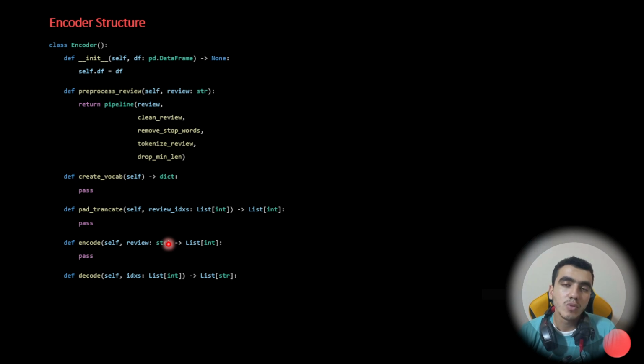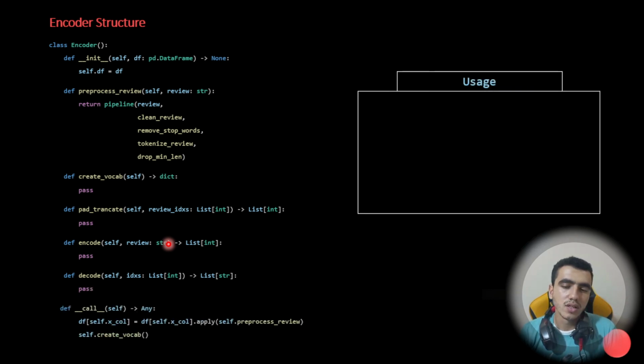So the model will be producing the output as a list of indices, not a list of text. So the decoder will be used to transform this list of indices into a list of tokens, so it can be understandable from the human side. And the code will be working on all of it.